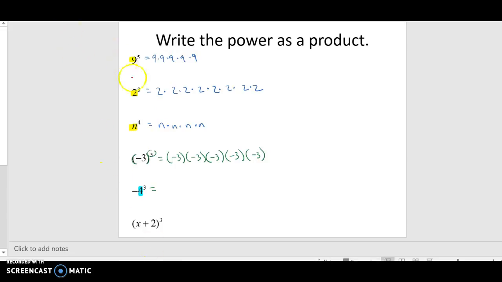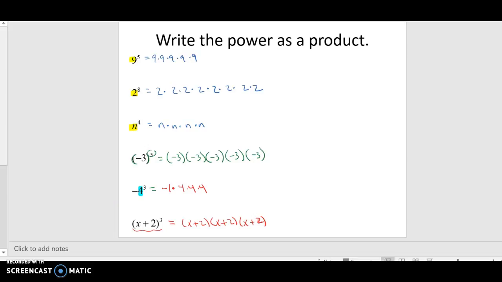Just the 4. So the way I like to read this problem is that the negative is the same as -1 times, and now it's going to be 4 times 4 times 4. That does make a difference in the sign of the answer when you're evaluating these. Then, here, what's being raised to the 3rd power? X plus 2. So we would do x plus 2 times x plus 2 times x plus 2.